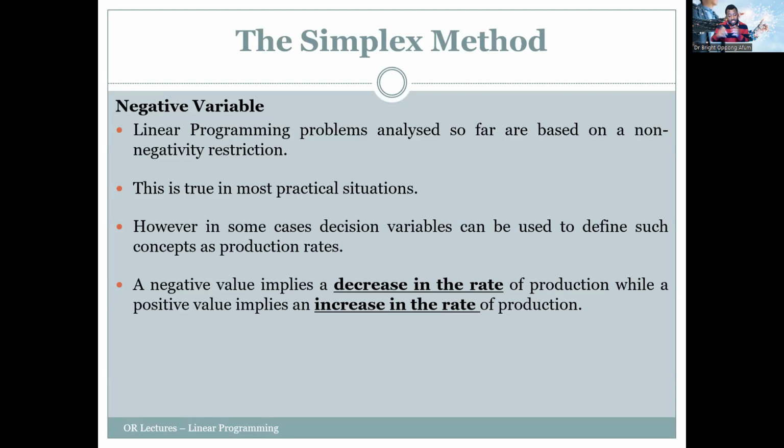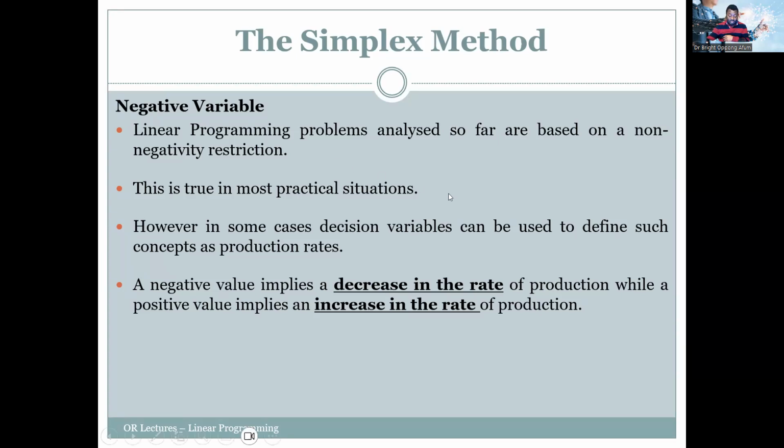So we have high speed and we have low speed. We could use negative values to imply a decrease in the rate of production of a particular system, or the rate of decrease in the speed.